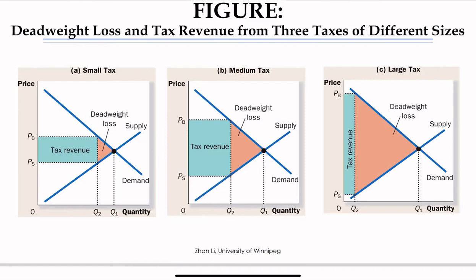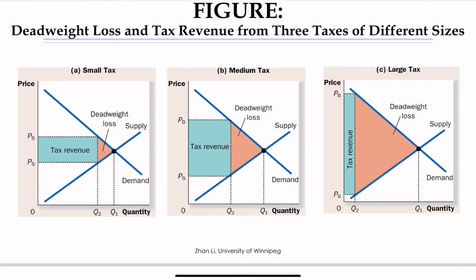Right? This is easy to understand because we have talked about this. That is, why do you have deadweight loss? Well, because there is a decrease in the quantity. And you can see that as you increase the size of the tax, the decrease in the quantity also increases. This implies deadweight loss also increases.